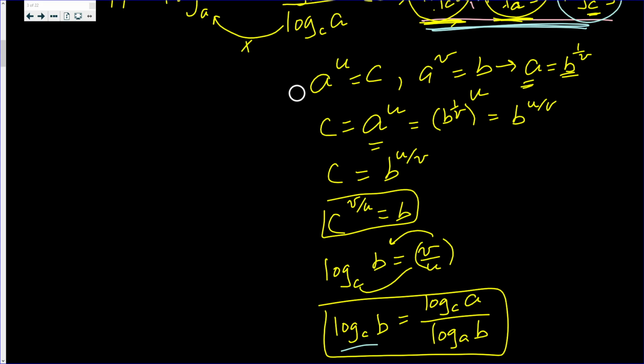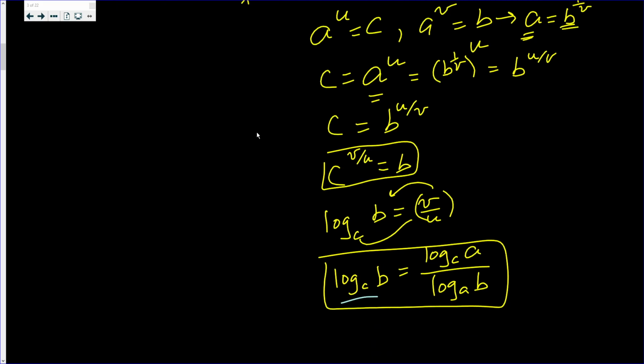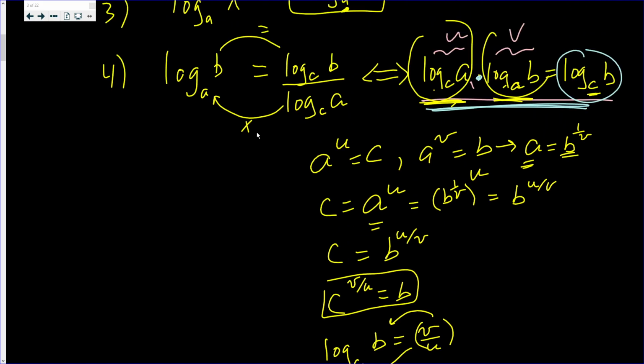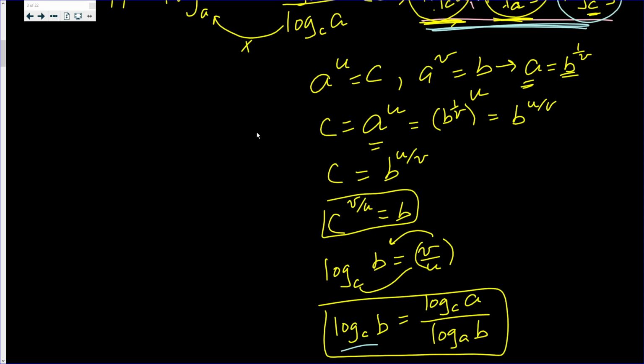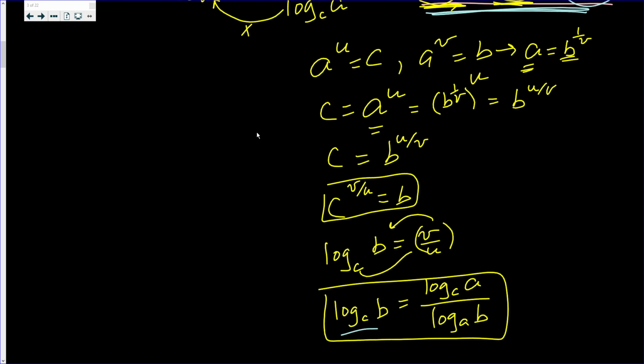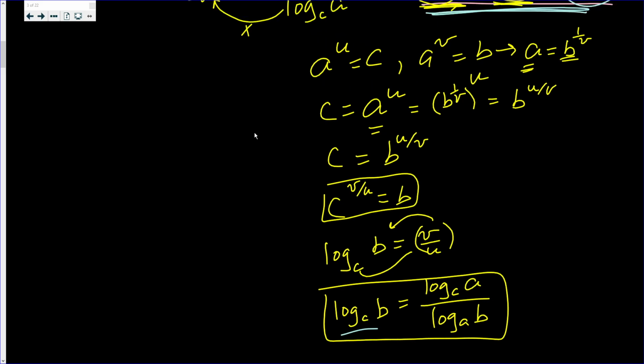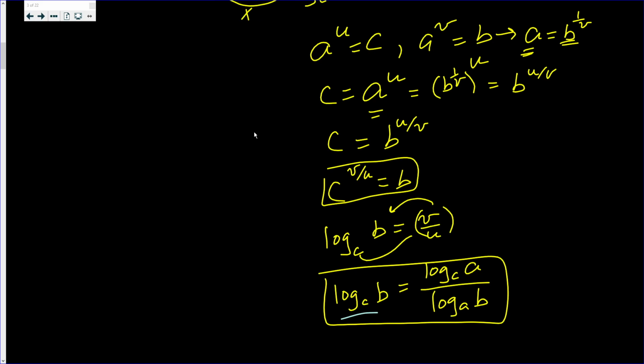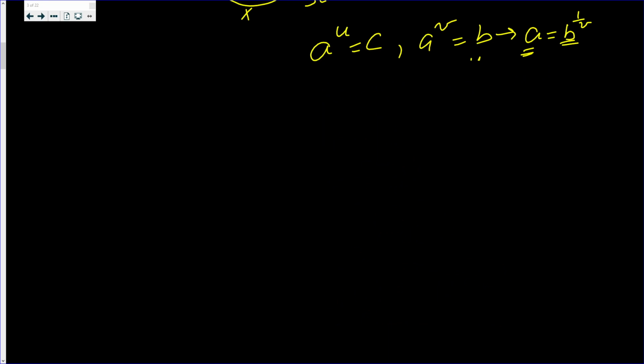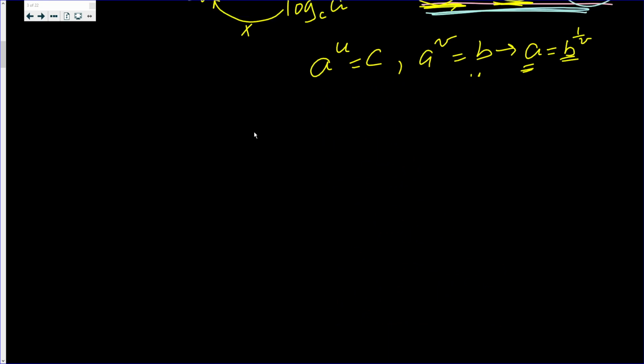Let us try this again. My biggest problem is I have U over V, and I want to have U times V. Keeping the same base and multiplying, A to the U times A to the V is BC.